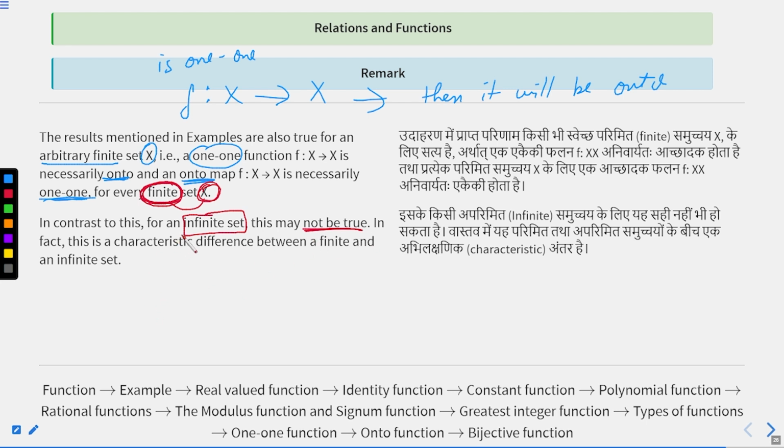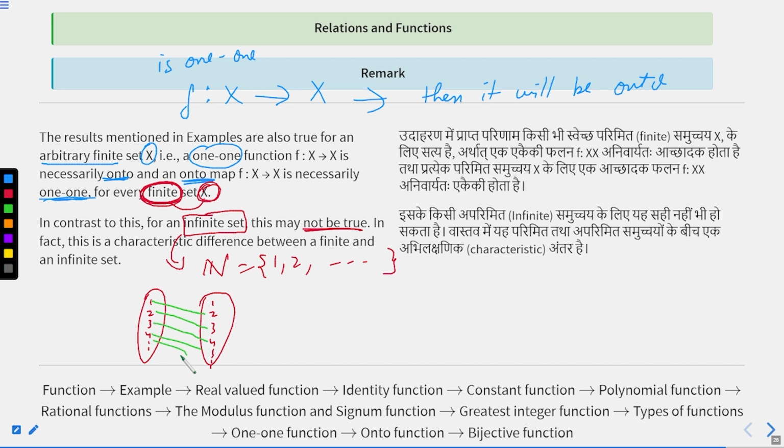But if you talk about an infinite set, this might not be true. For example, if you take an infinite set such as N, as you can see, it goes forever. So if my domain is 1, 2, 3, 4 and so on, and my codomain set is the same 1, 2, 3, 4, 5 and so on, and if I associate 1 to 2, 2 to 3, 3 to 4 and so on, you can see that it will be a one-one function. But 1 is not associated to any element, or it has no pre-image in the domain set.